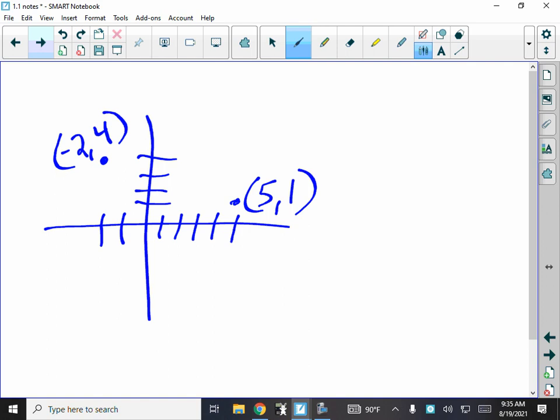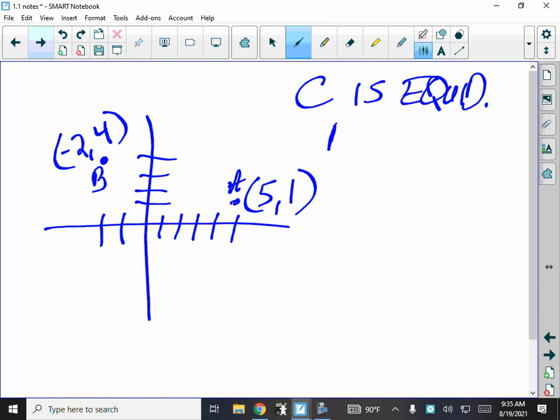Okay, this is point A, this is point B, and then we're going to say that C is equidistant from A and B. And I'm even going to make it a little easier.